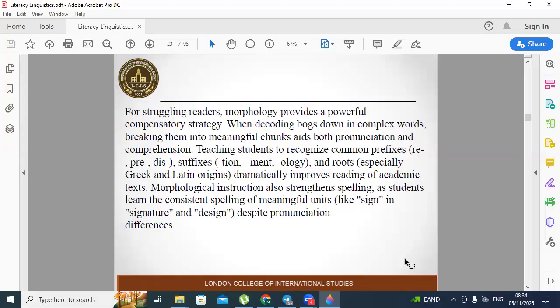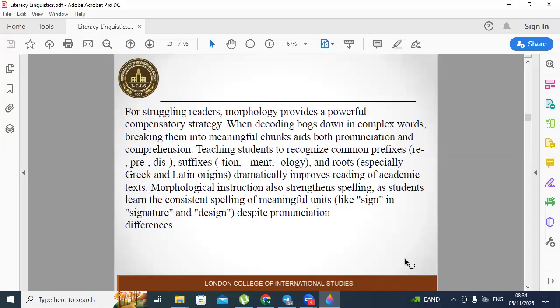Teaching students to recognize common prefixes like re, pre, and un, suffixes like tion, ment, and ness, and roots, especially Greek and Latin origins, dramatically improves reading of academic texts.